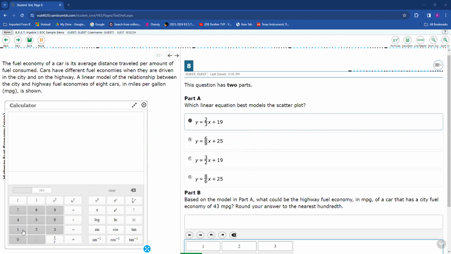So y is equal to 2 over 3 times 43 plus 19.